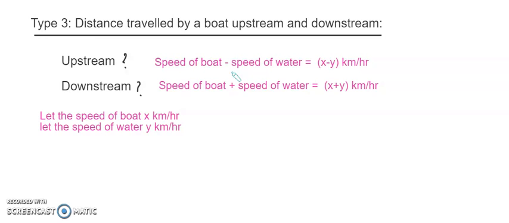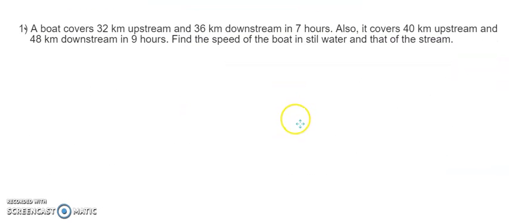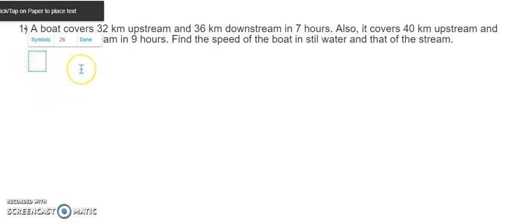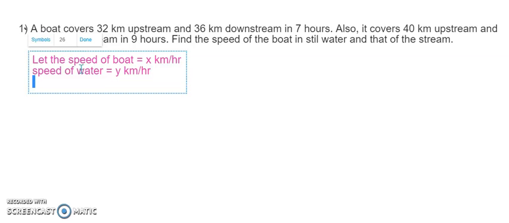Whenever you come across word problems which talk about upstream and downstream, the four sentences that you have to write first are the speed of the boat, speed of the water, speed of the upstream situation, and speed of the downstream situation. So let's first write it down, and then we'll read the question. Let the speed of the boat be x kilometer per hour, speed of water or river equals y kilometer per hour.